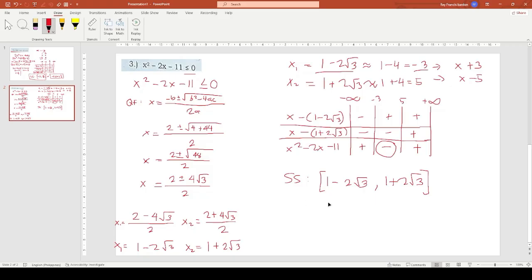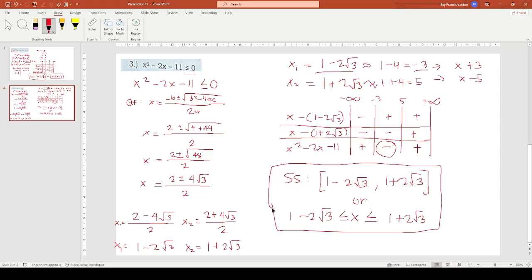Or we can express that as x is less than or equal to 1 plus 2 square root of 3, but it's greater than or equal to 1 minus 2 square root of 3. That will be our answer, sadly. It's not perfect, but yeah, this is it. Bye.